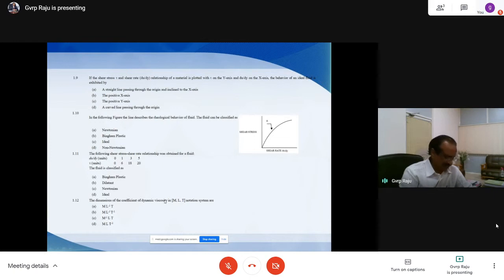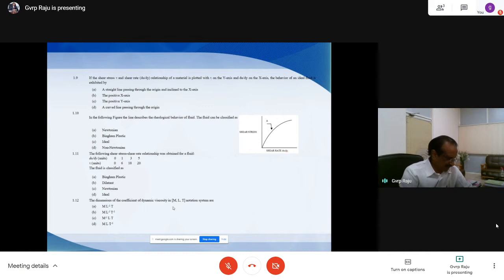The mass unit is M, and the acceleration is meters per second square, so M L by T square is for kg force. Then what is for seconds? Seconds is T, and meter square is L square.